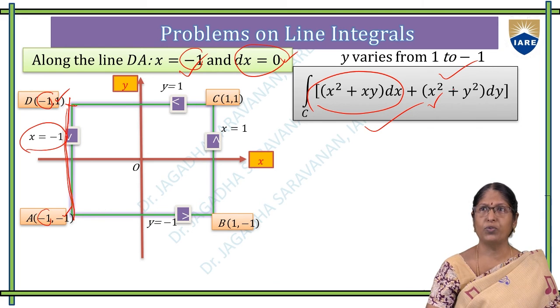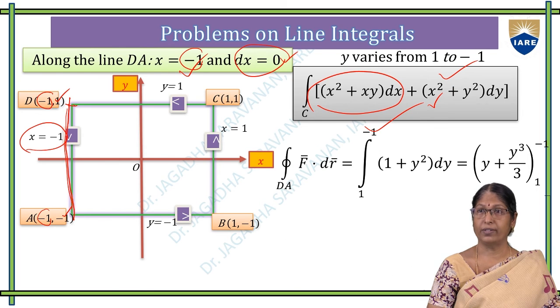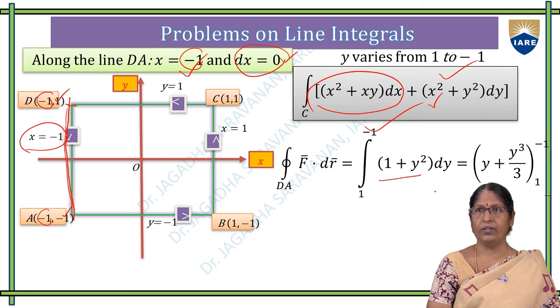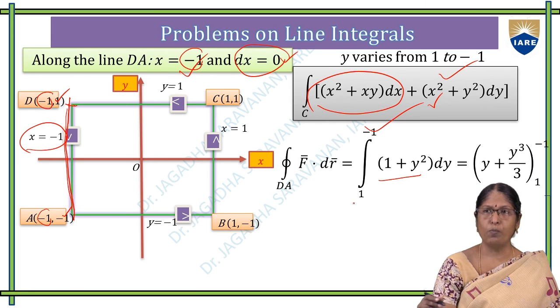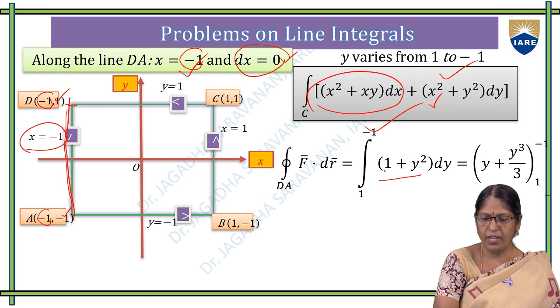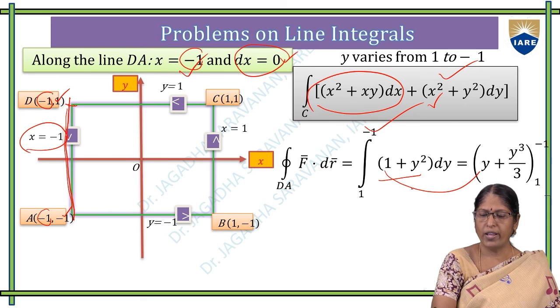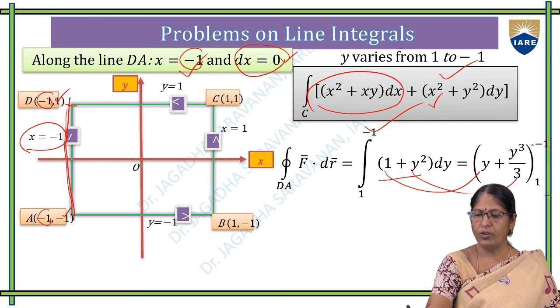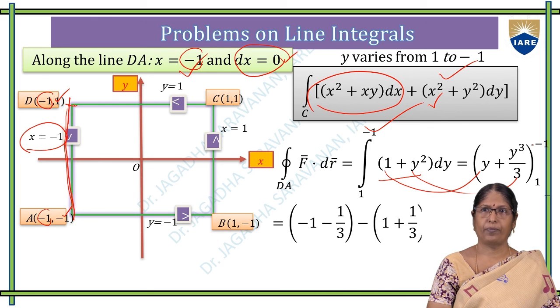Next, x equal to minus 1. Here we are substituting. So minus 1 the whole square is nothing but 1. So the integral of 1 plus y square dy, from 1 to minus 1. Integrating, y square gives y cube by 3, from 1 to minus 1.